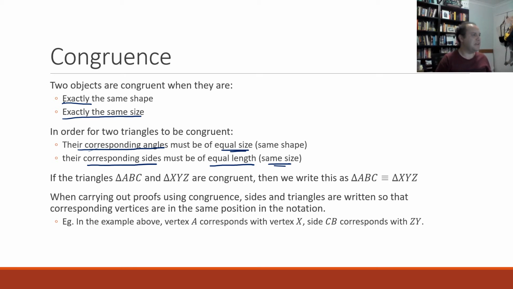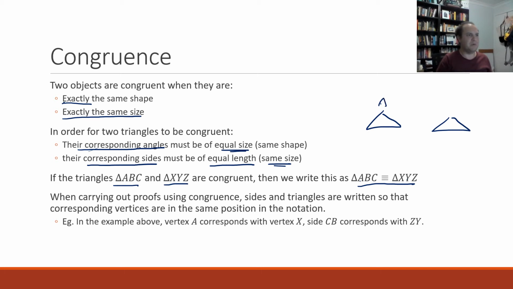Now in terms of notation, if the triangles ABC and XYZ are congruent, we write that using what we call an equivalence sign. It's an equal sign with an extra line. The key thing to note is that the letters are meant to correspond to each other.